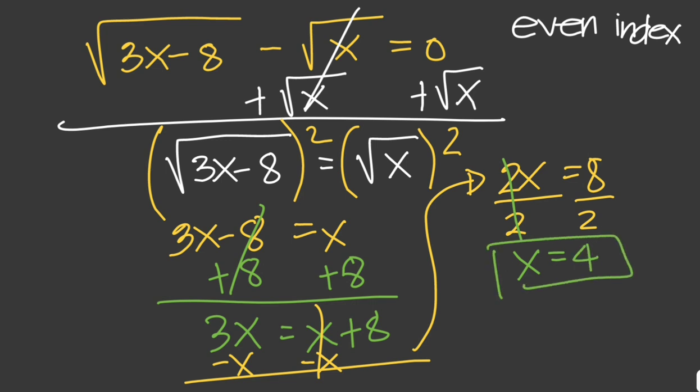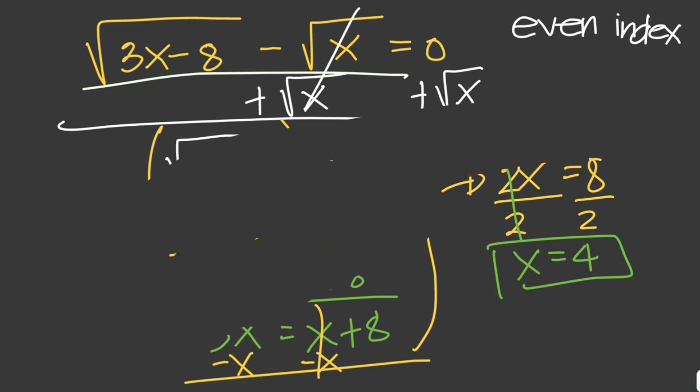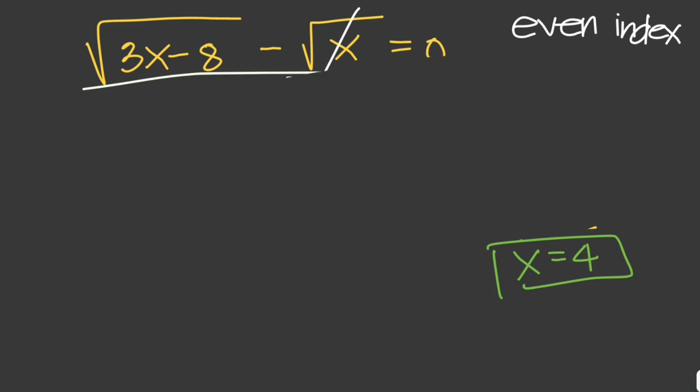Now that we already have the value for x, since the original problem has an even index, we need to check our answer. We just have to plug in the value of x to the original equation and check if both sides are equal. Our original equation is square root of 3x minus 8 minus square root of x equals 0.